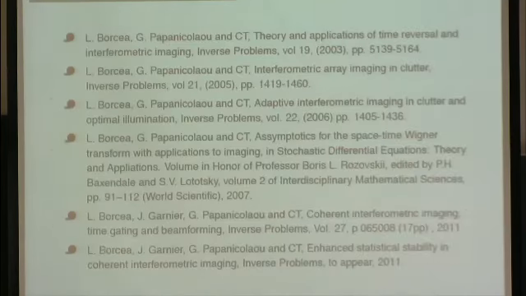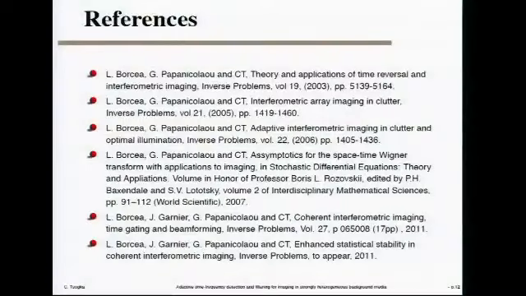Okay, so I have here some references, maybe Liliana showed them. This is the first paper where some ideas about SINT appeared, but truly coherent interferometry was explained in this paper and the analysis was done. The adaptive estimation of the parameters omega d and xd is done in this paper, and the stability, so this is something that I did not say.